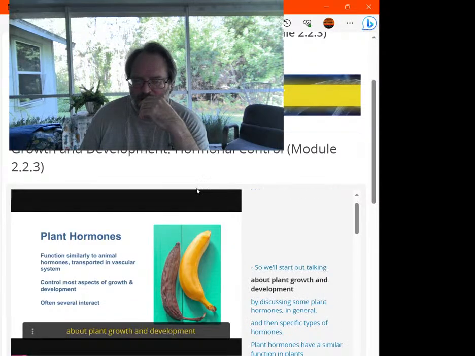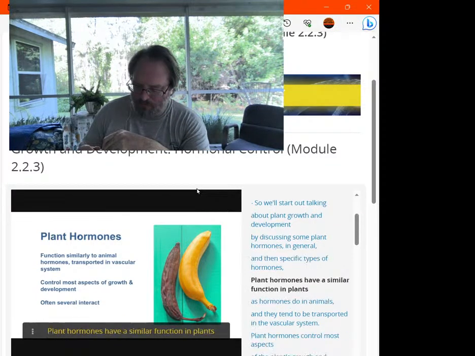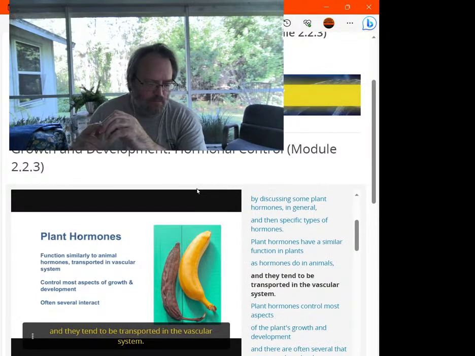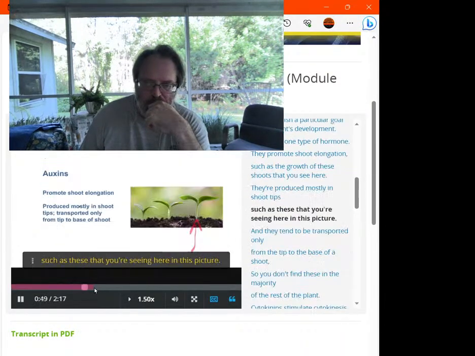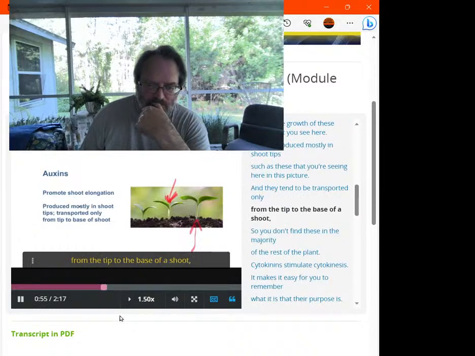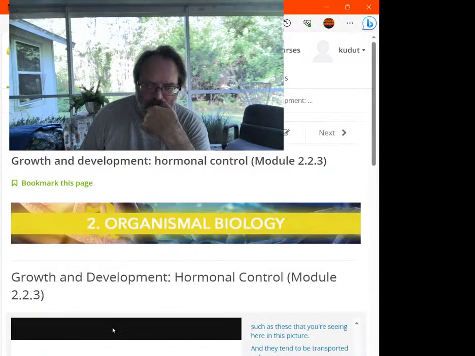So we'll start out talking about plant growth and development by discussing some plant hormones in general and then specific types of hormones. Plant hormones have a similar function in plants as hormones do in animals, and they tend to be transported in the vascular system. Plant hormones control most aspects of the plant's growth and development, and there are these that you're seeing here in this picture, and they tend to be transported only from the tip to the base of a shoot. So you don't find these in the majority of the rest of the plant.